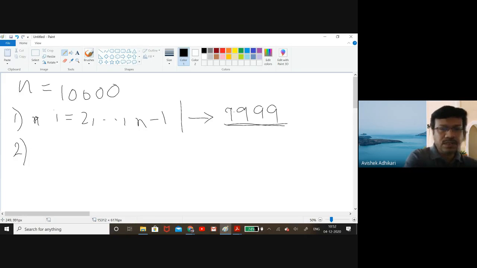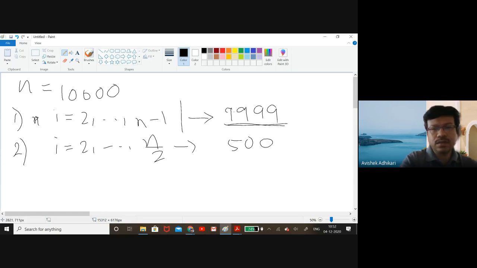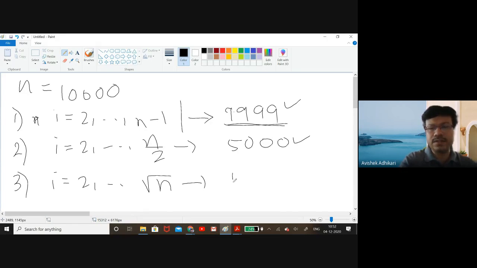If you take the second option, i equal to 2 to n by 2, you may have to go up to around 5,000 steps, so you have made it half. But if you take the last option, i equal to 2 to square root of n, you may find that it takes about 100 steps.